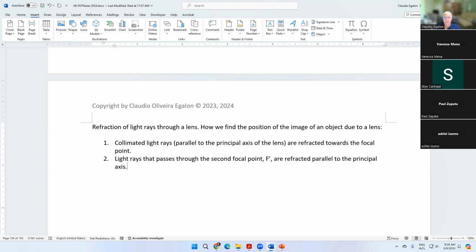Okay. And 3, light rays incident at the center of the lens are not refracted at all. In other words, they pass through without any change in direction. Okay.